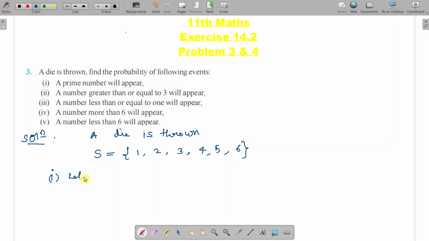So what we have to do is we have to let E1 be equal to the event a prime number will appear. Okay.